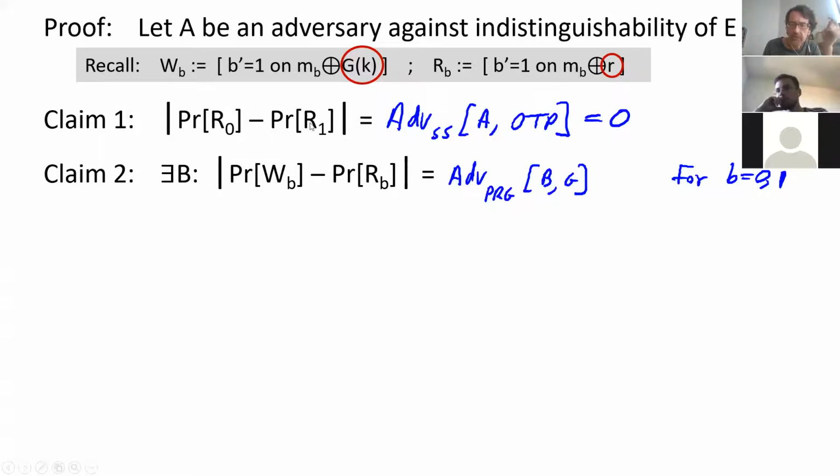And again, intuitively, that's because the same MB participated in these equations in the same exact way. We'll do this in a sec.